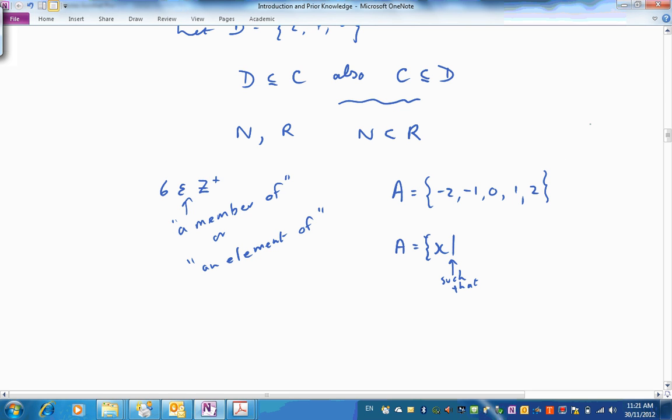We could list them out again, neg 2, neg 1, 0, 1, 2, or we could make it even more condensed: the set of X such that X is a member of Z and neg 2 is less than or equal to X is less than or equal to 2. So that inequality statement there is an important abbreviation, saying that X is a member of Z and it's between neg 2 and 2.